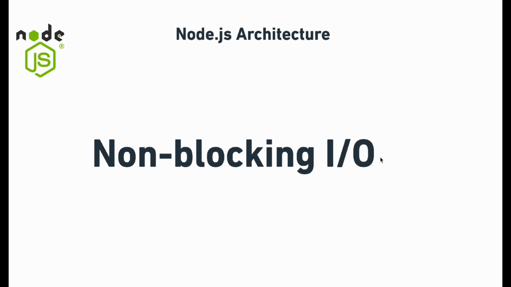And when we talk about non-blocking I/O, when we say I/O, it means input and output, of course. And what does that mean? Reading a file from disk, talking to a database, making an HTTP request. These are different input and output operations. In Node.js, these operations are non-blocking.